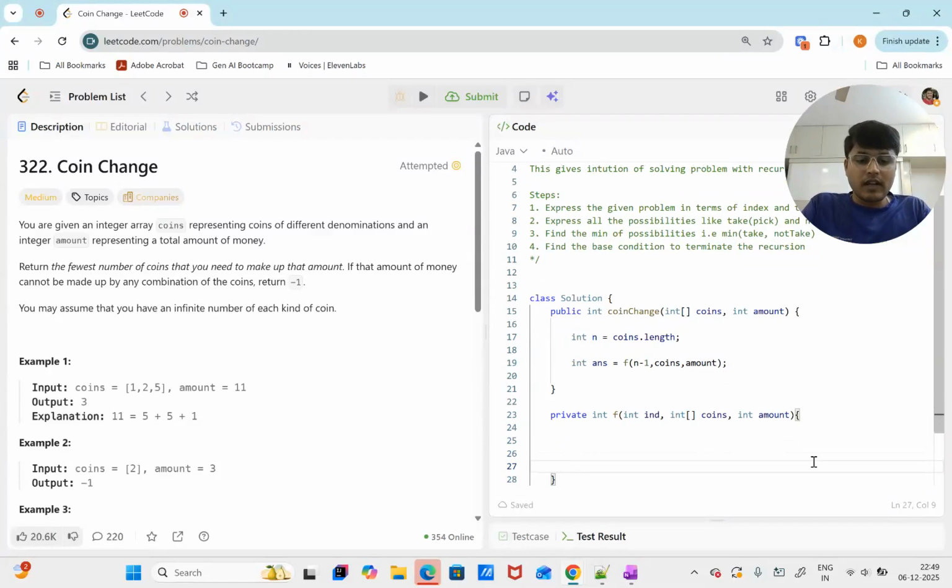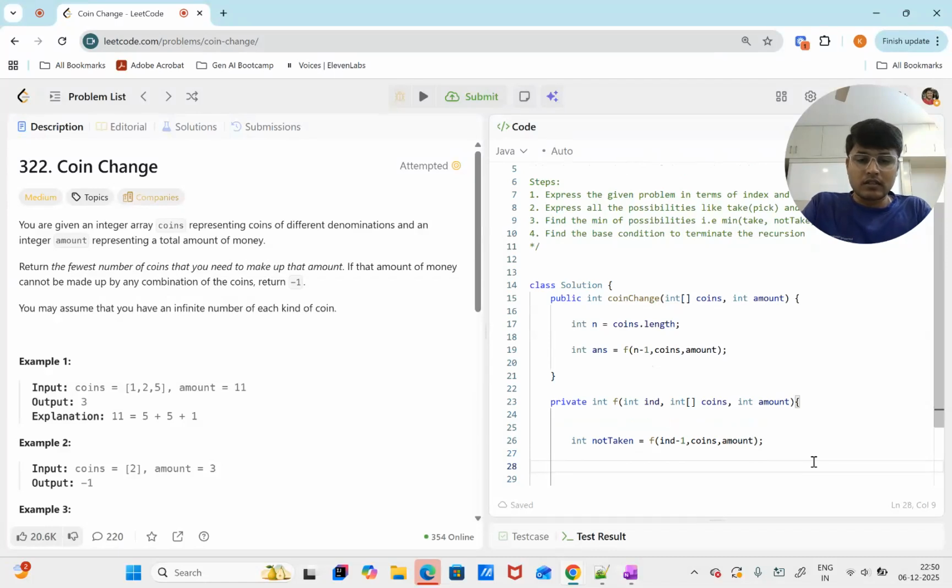So here we will have two possibilities. First possibility, if I consider with respect to not taken, then what it could be, we are not picking the coin at that position, then we will just move to the previous index as we are moving from n-1 to 0. So it will be index -1, and we are passing the coins array, and amount will stay as it is.